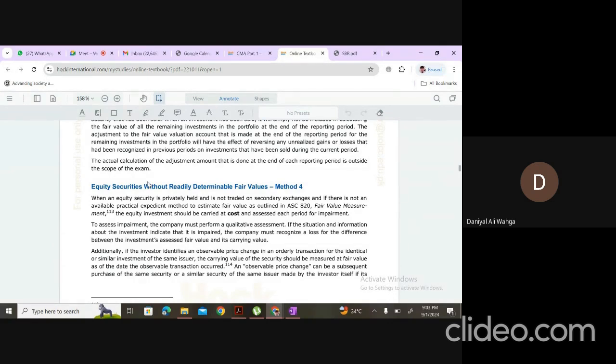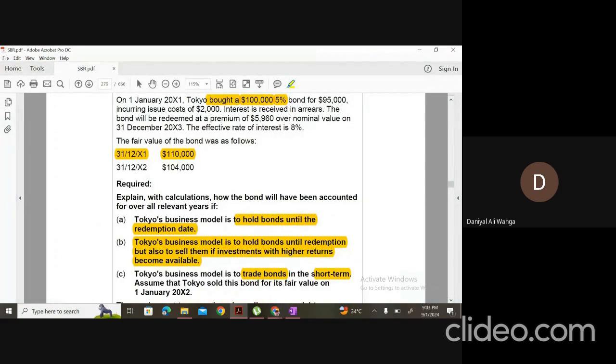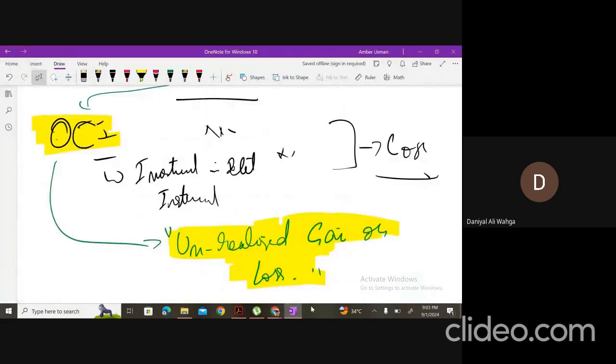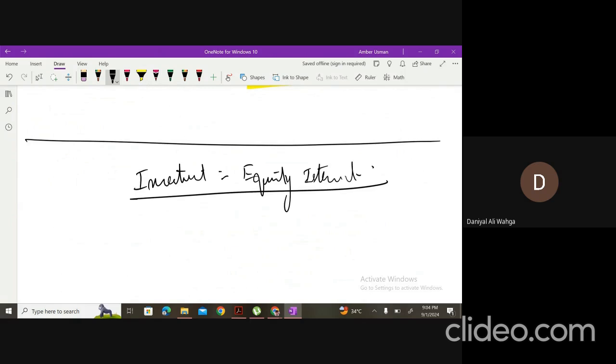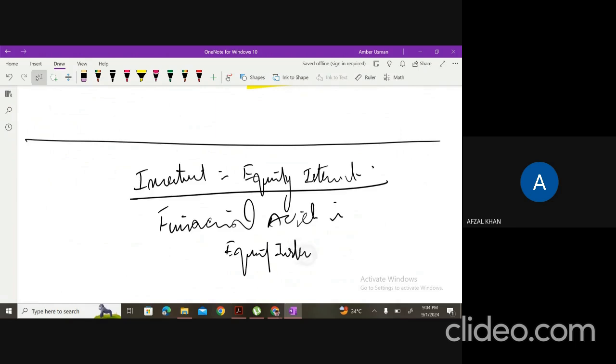Now, let's consider if the investment is less than 20%, for example. So, investment in equity instruments, or you can say financial assets in equity instruments.